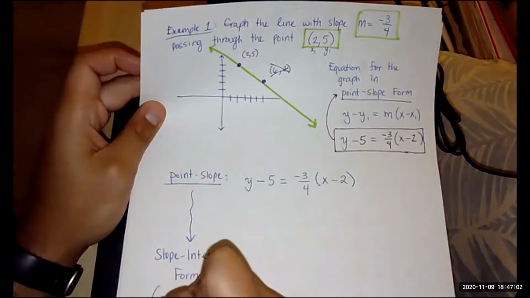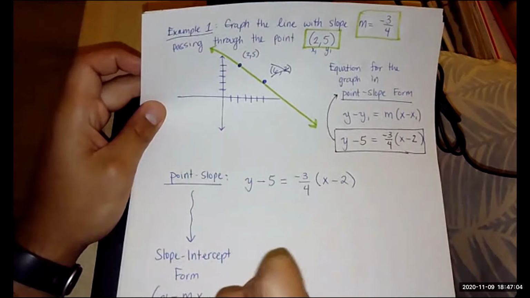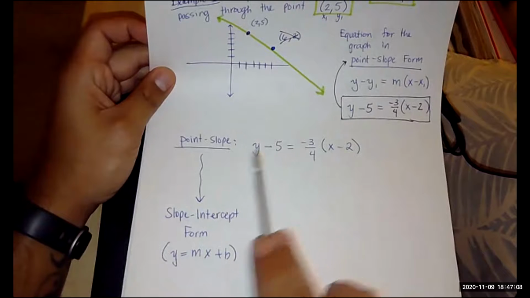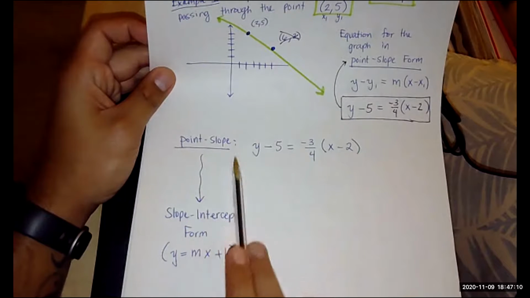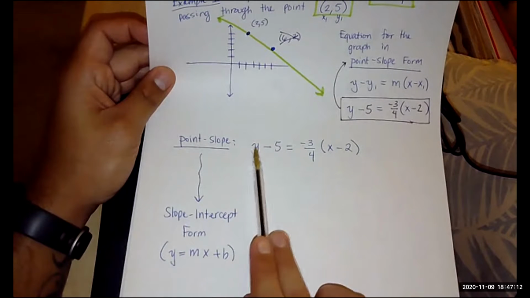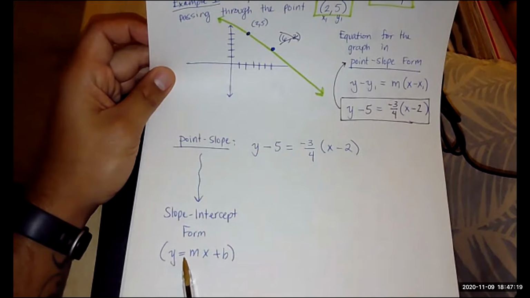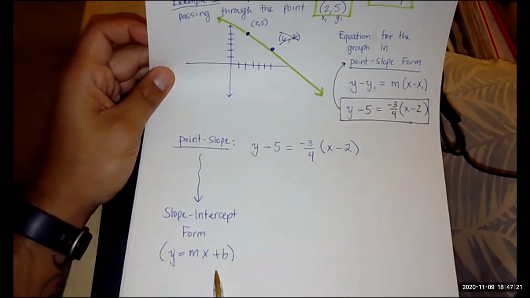So remember, slope intercept form is y equals mx plus b. So the goal here, if we're trying to transition from the point slope form to slope intercept form, is that we need to get this y by itself, so that we have y is equal to all the other stuff.